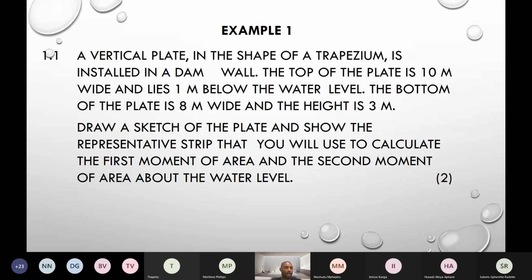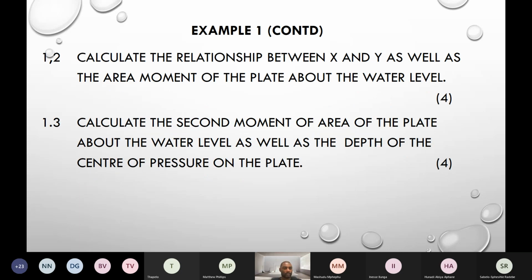The example continues and says, calculate the relationship between X and Y as well as the area moment. Then 1.3 says, calculate the second moment of area as well as the depth of center of pressure.